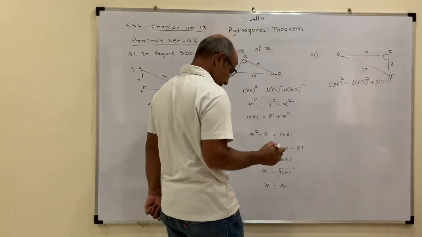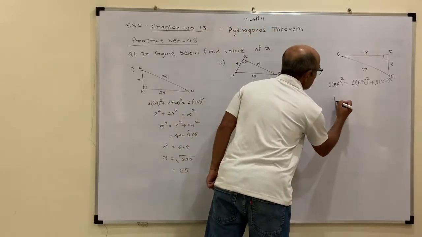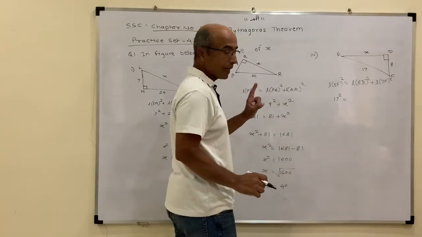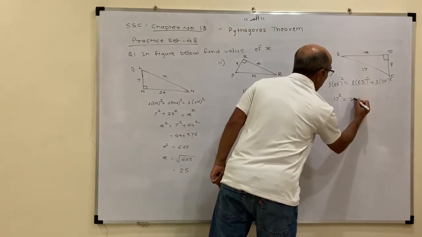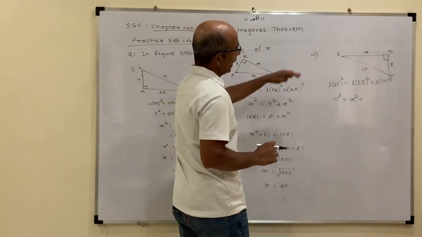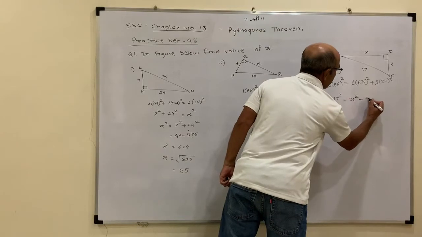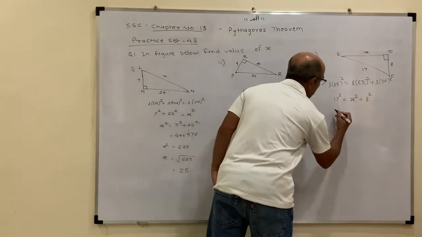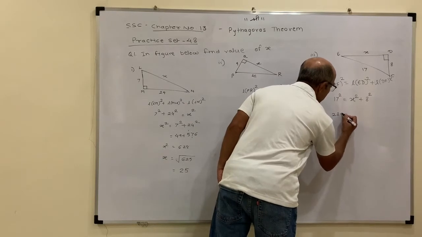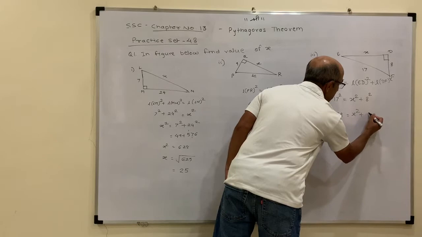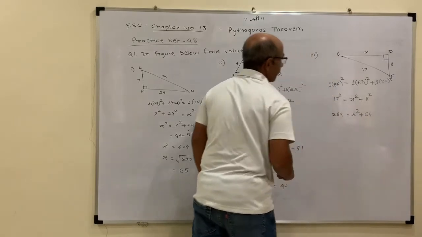EF is given to me as 17. So it's 17 square. ED is x square plus DF is given 8. So 8 square. Again 17 square is equal to 289 equals x square plus 8 square is equal to 64.